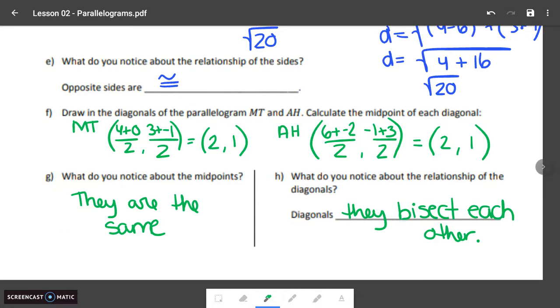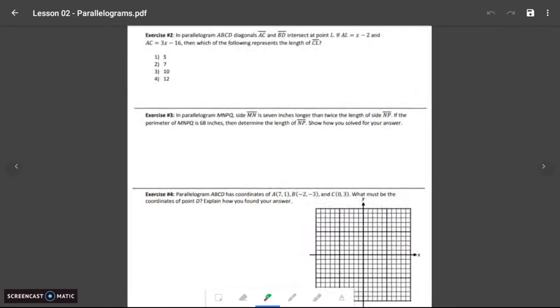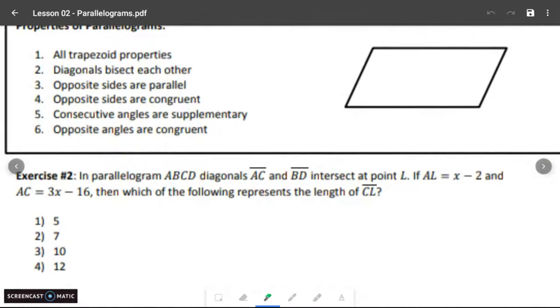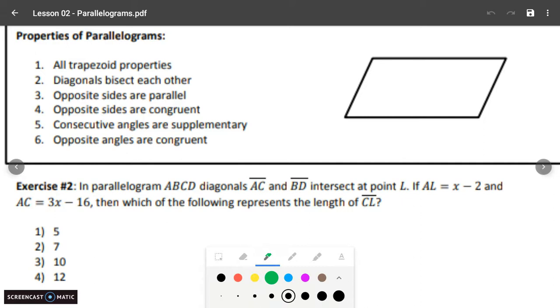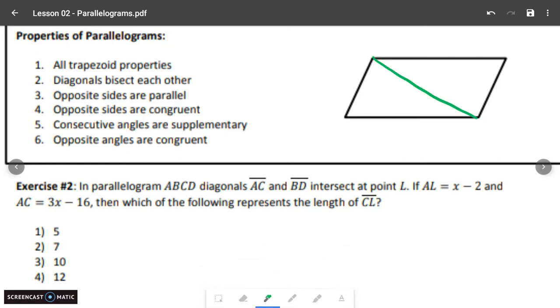And that's what we're going to do, just recap all of those properties on the next side of our sheet here. So parallelograms already have all the trapezoid properties, because you'll notice they had at least one pair of parallel sides. They had the same supplementary rule about angles, but they have these diagonals that bisect each other.